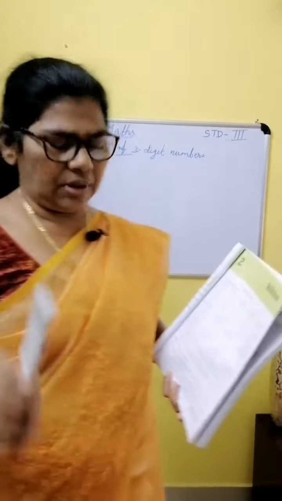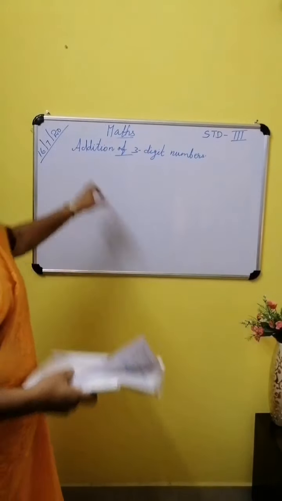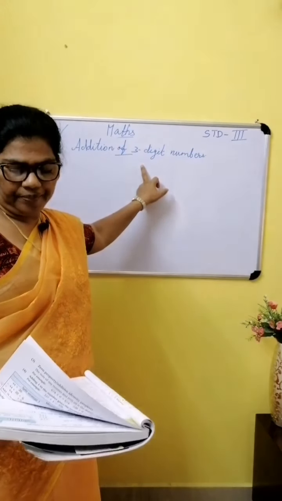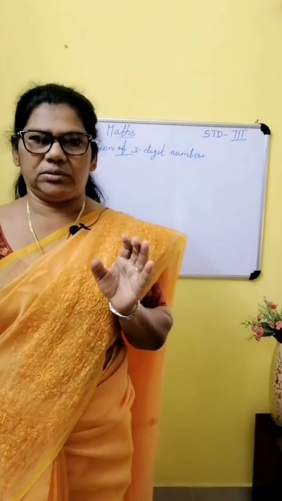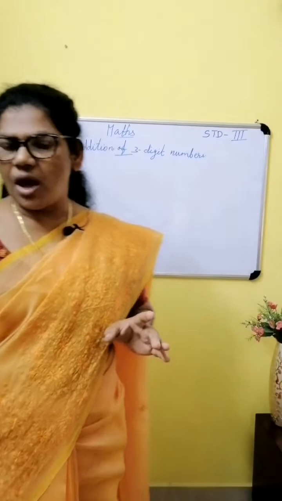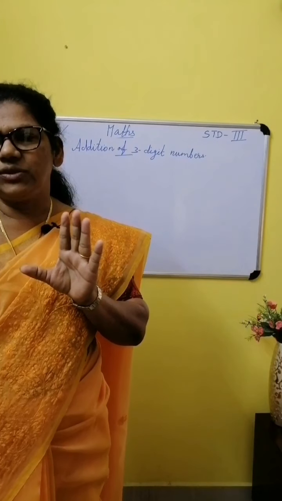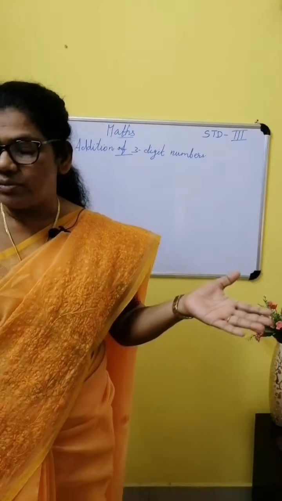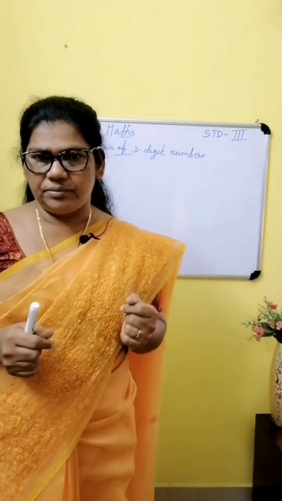Now let us study addition of 3-digit numbers. First of all, we have to remember some rules for 3 things. First one, arrange the digits of the number in vertical columns correctly under the heads of ones, tens and hundreds.